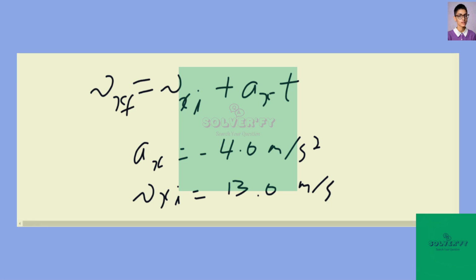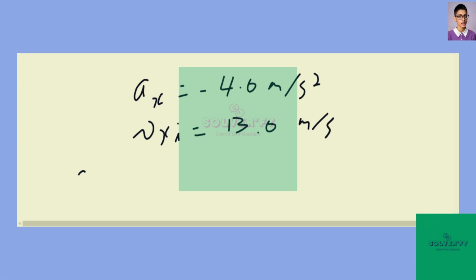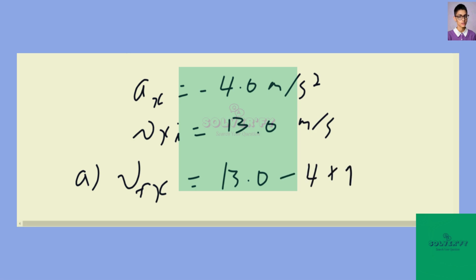So for the first question, the final velocity along x is going to be 13 minus 4 times 1, since we're only 1 second away from the initial time, and this is 9 meters per second.